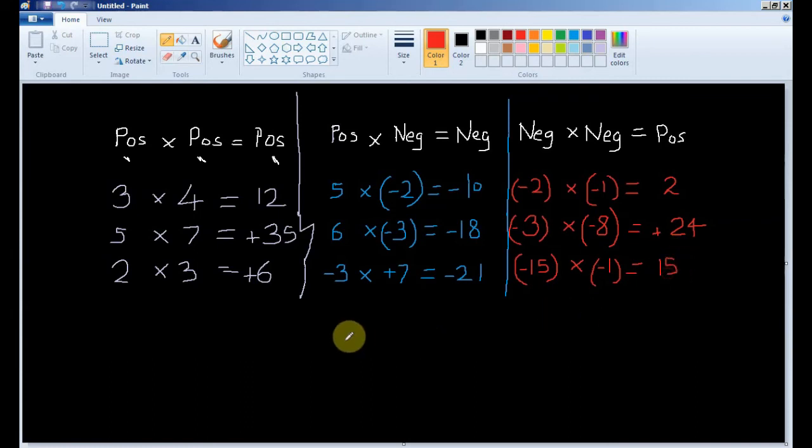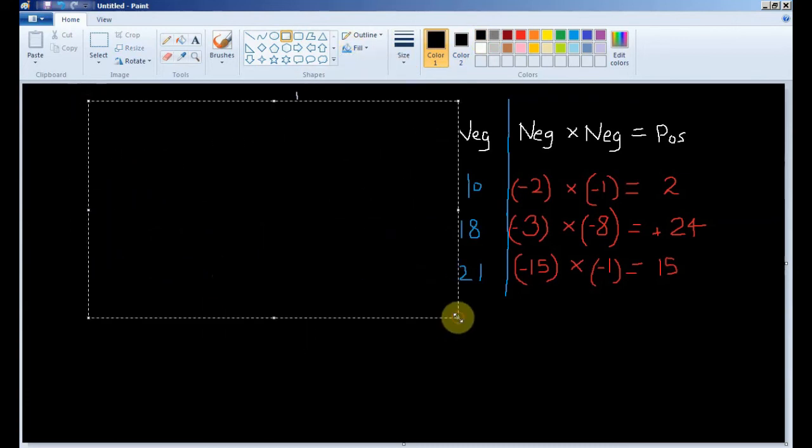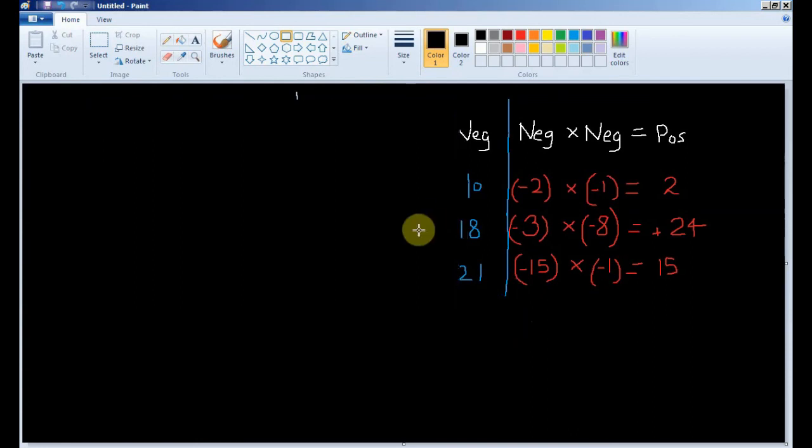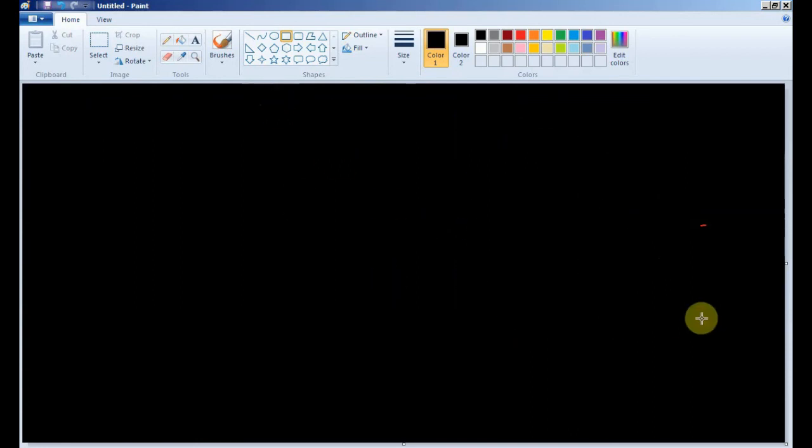So friends, we have seen three rules right now, but there is another rule I want to talk about. Before that, let me just wipe this out and make some space. Now it's clear, and let's begin with another topic.